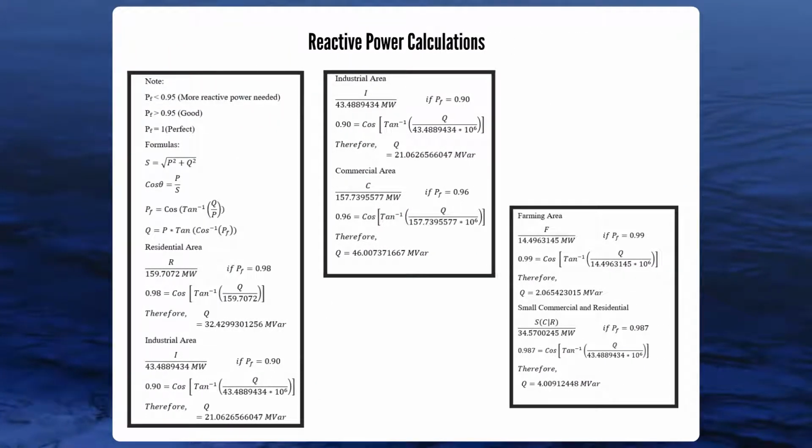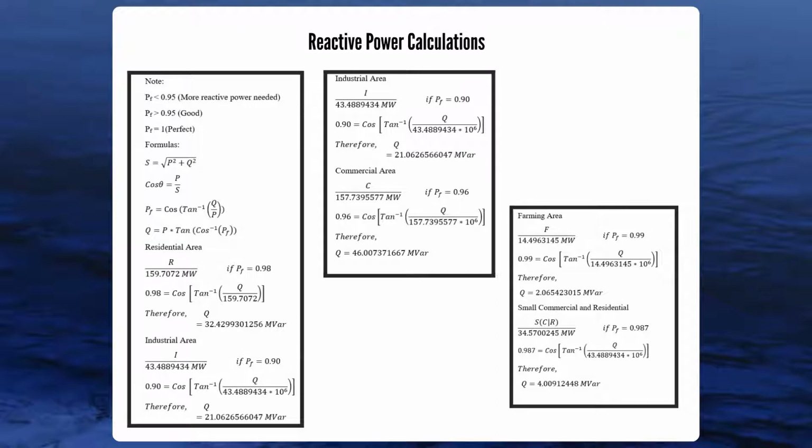Najee Puerto here again. So taking a look at the reactive power calculations of the design, we did a little research and came to the realization that residential communities have mostly single-phase equipment and industrial have mostly three-phase equipment. So places that use mostly three-phase equipment would use more reactive power, and therefore the power factor would usually be under 0.95.